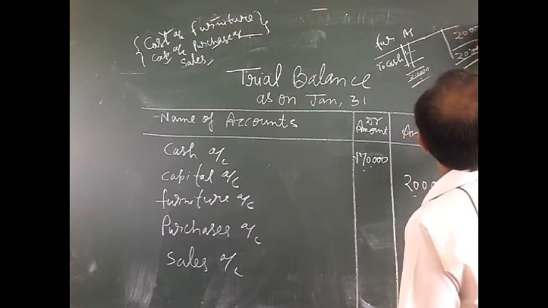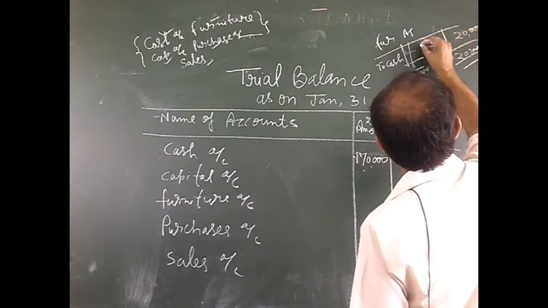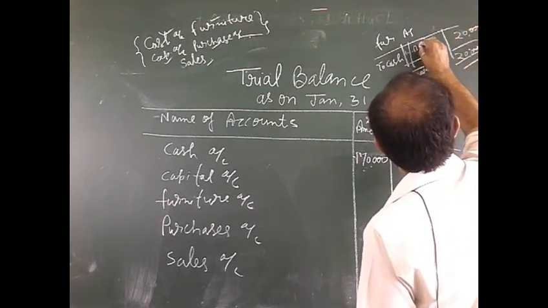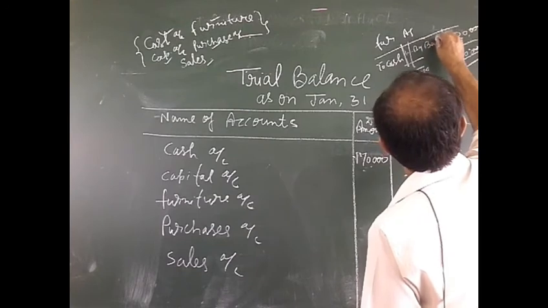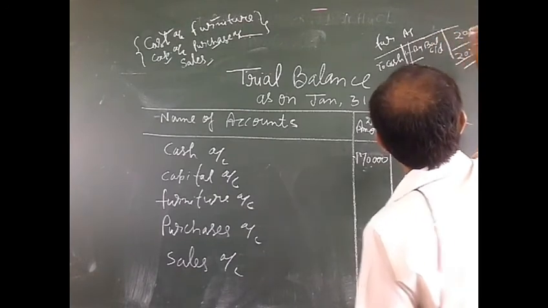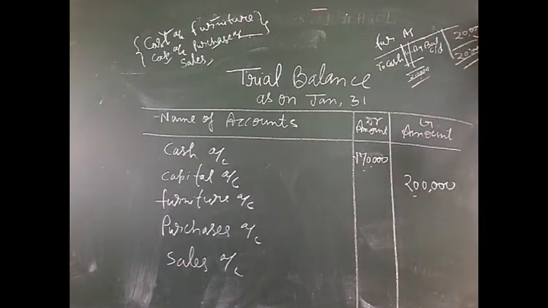So after deducting 0, you have found and you have written by balance carried down. If you take this, you will transfer into trial balance on the other side.